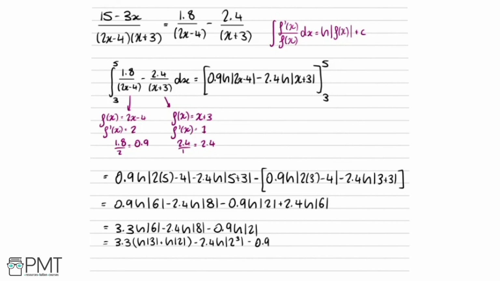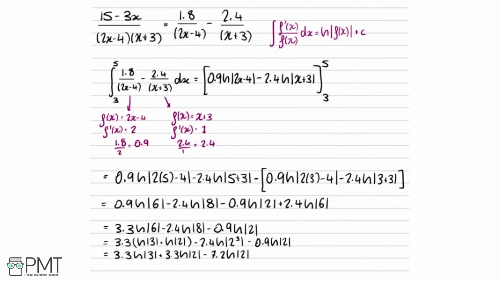Minus 0.9 ln 2. So first I'm going to multiply out this bracket, so we get 3.3 ln 3 plus 3.3 ln 2. And then here we can use the log law to say we're going to bring down this power and multiply it by the minus 2.4. So doing that, we'll get minus 2.4 multiplied by 3, so minus 7.2 ln 2.